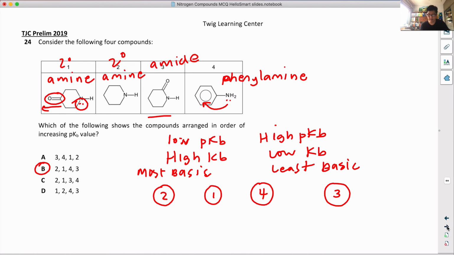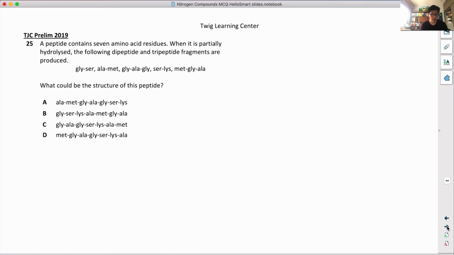Next one. A peptide contains 7 amino acid residues. When it's partially hydrolyzed, the following dipeptides and tripeptides are produced. So this is what it really means. It's 7 amino acids, 1 2 3 4 5 6 7. They are actually breaking up.